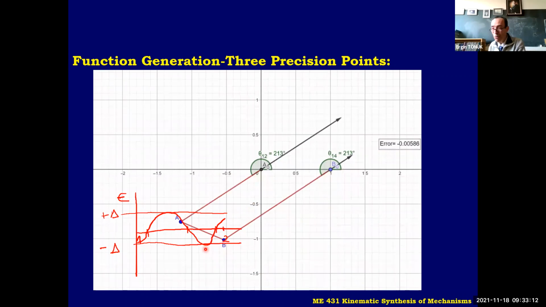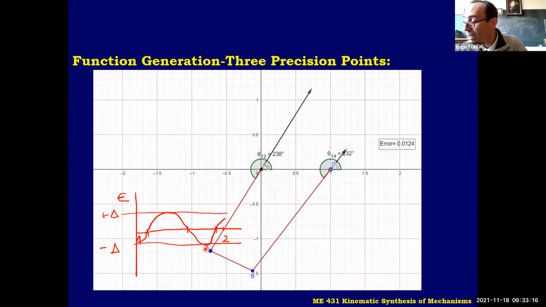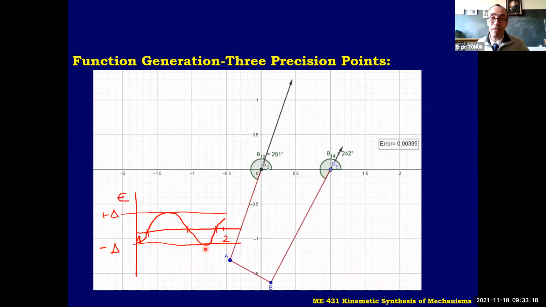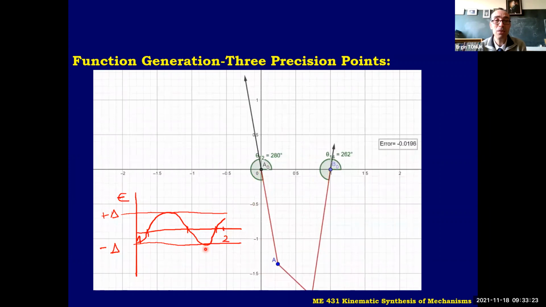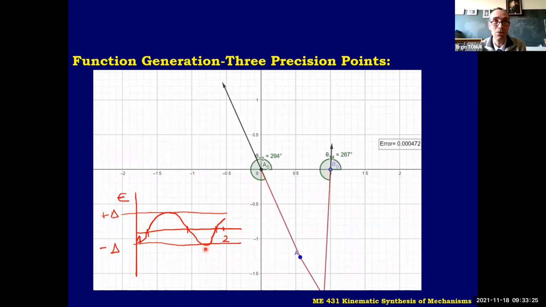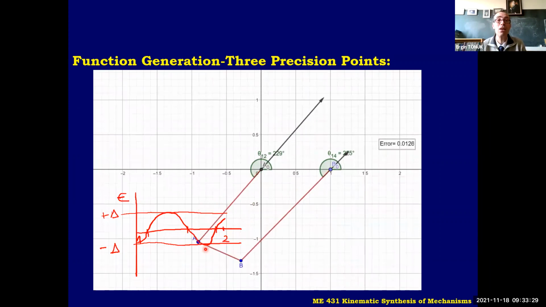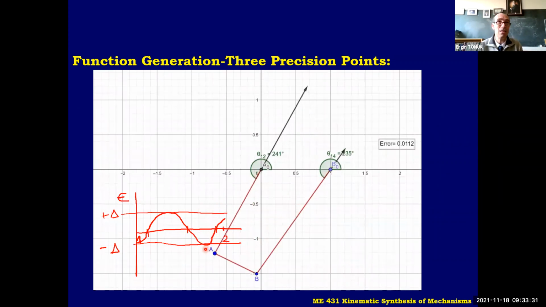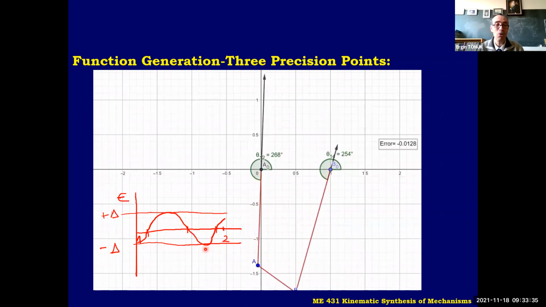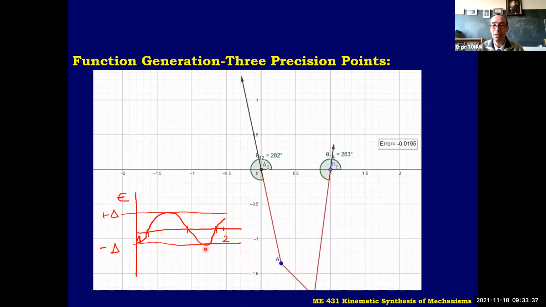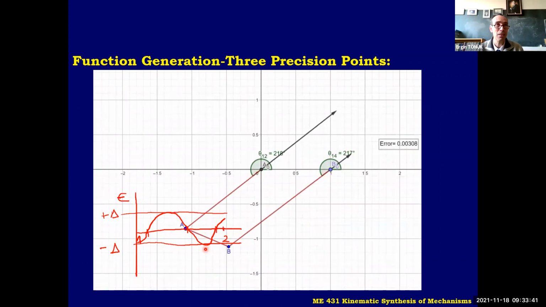So with a few manual trials, you can even improve this small error that Chebyshev spacing gives you, okay? Is this clear? So it's very straightforward. You don't need smart optimization routines, a lot of computational effort, etc. Is the procedure clear?